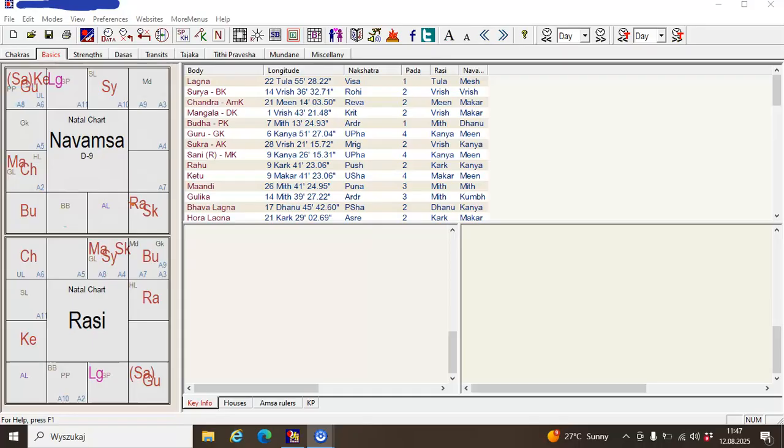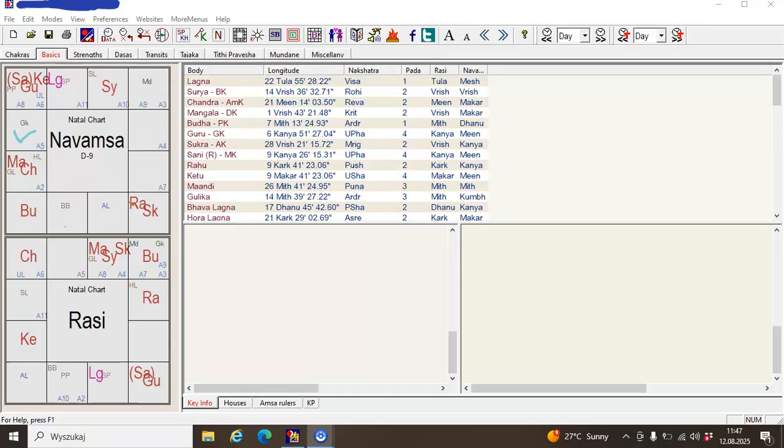Okay, then after Makara Mahadasha, we'll have, obviously, Kumbha Mahadasha. Here, obviously, we also take into consideration Shani as the Kumbha lord, and we do not consider Rahu here, as we would do in case of Chara Dasha.